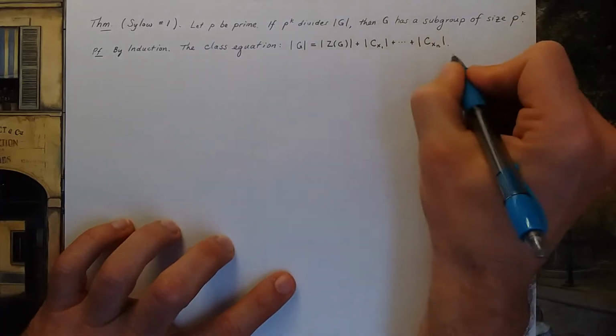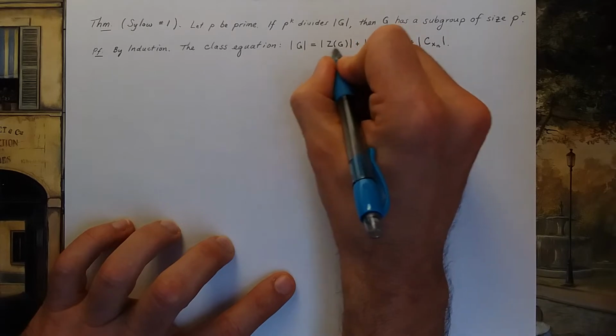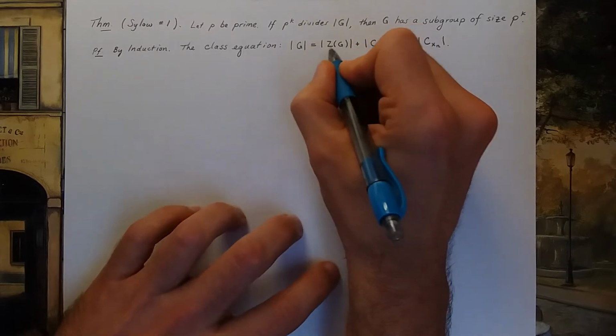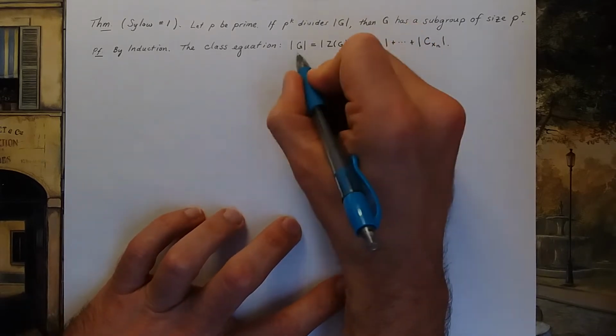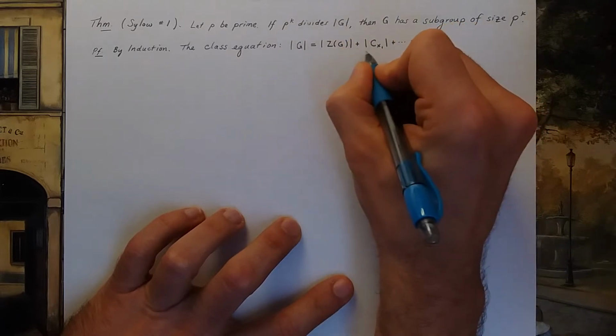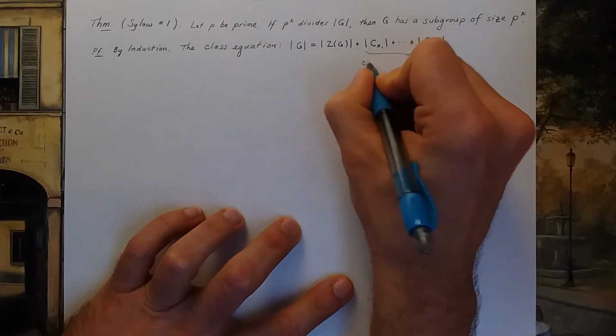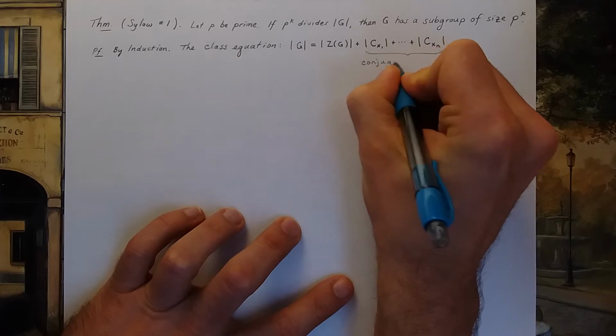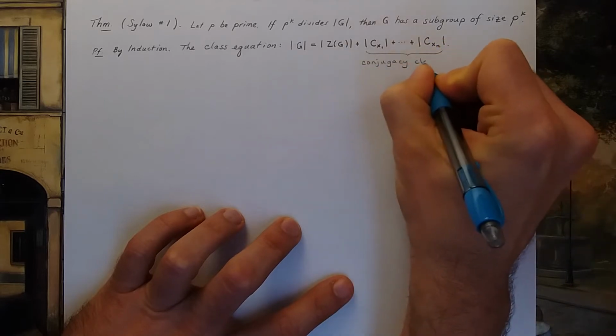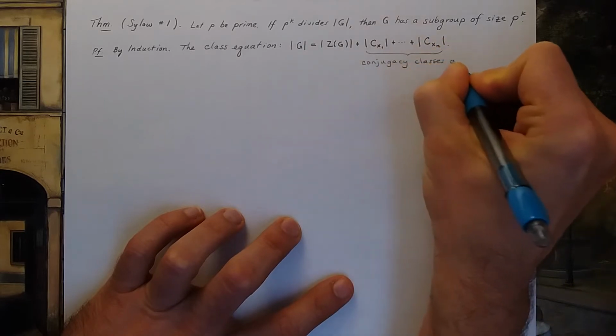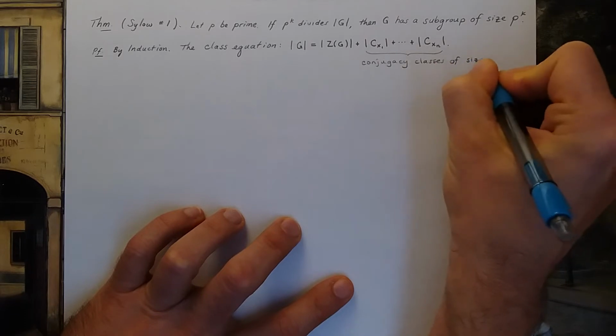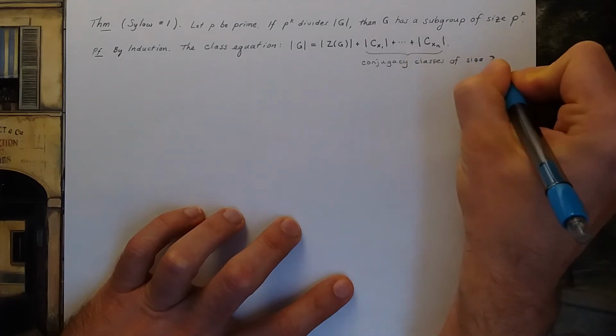Z(G) is the center of the group. These contain elements that commute with everything in the group. These are conjugacy classes of size 2 or bigger.